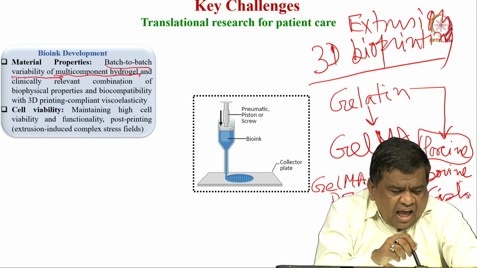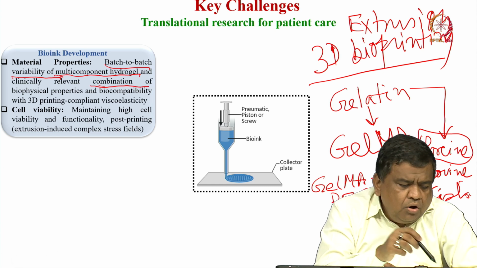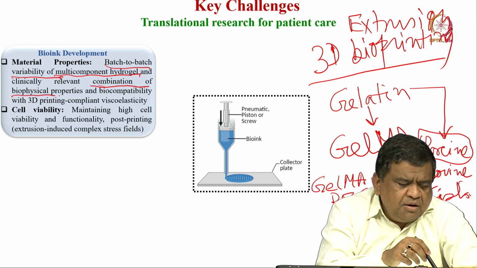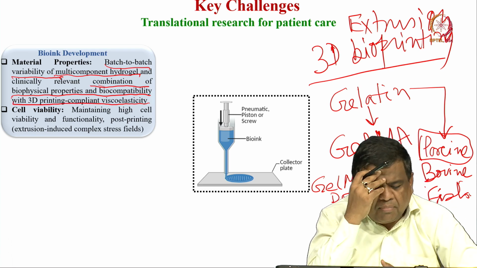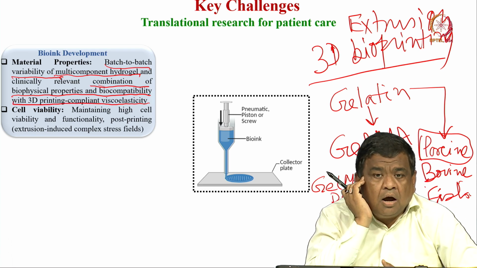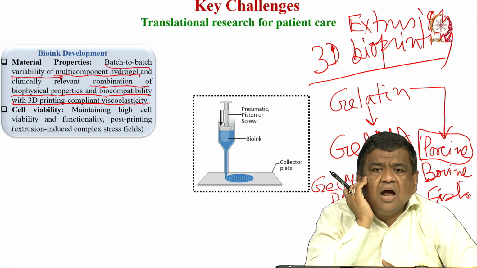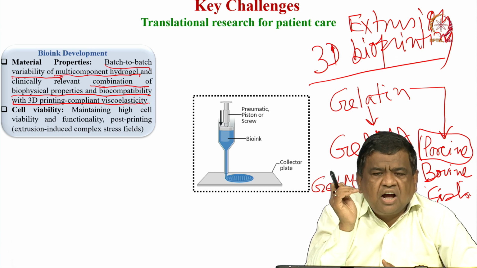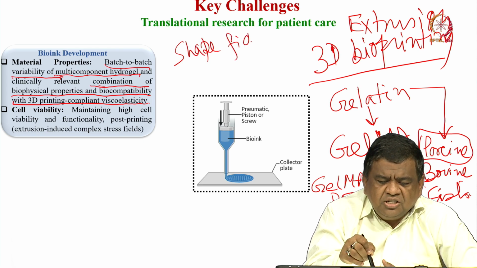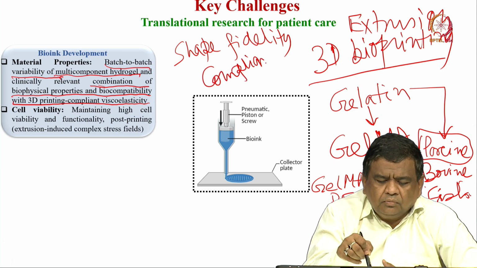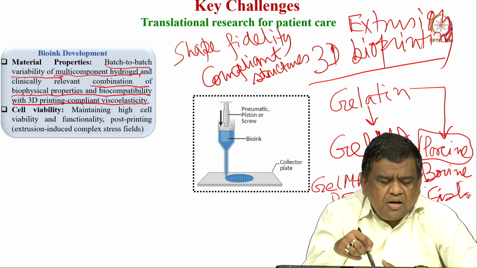And that leads to difficulties in producing 3D printing compliant viscoelastic gels, biocompatibility, and shape fidelity compliant structures. You have learned in some of the earlier lectures that there is something called shape fidelity compliant structures.